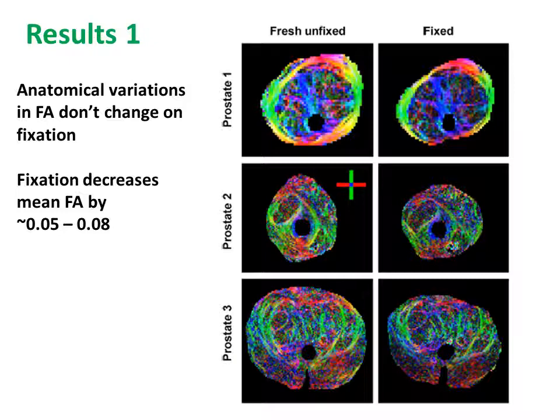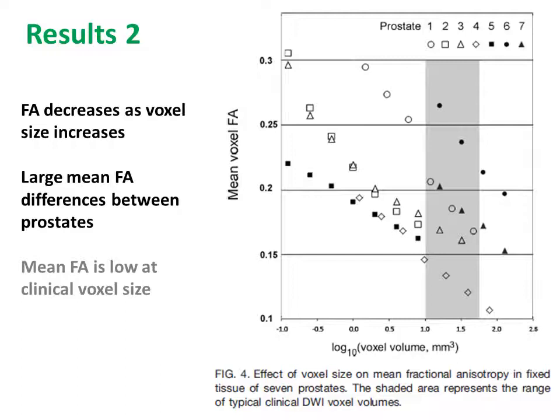And if we look at the mean voxel anisotropy throughout the prostate, that decreases by about 0.05 to 0.08 due to fixation.